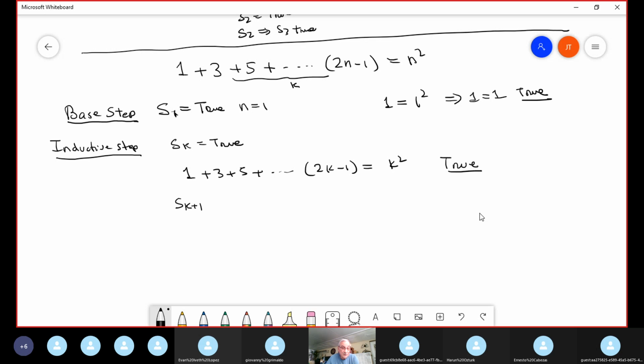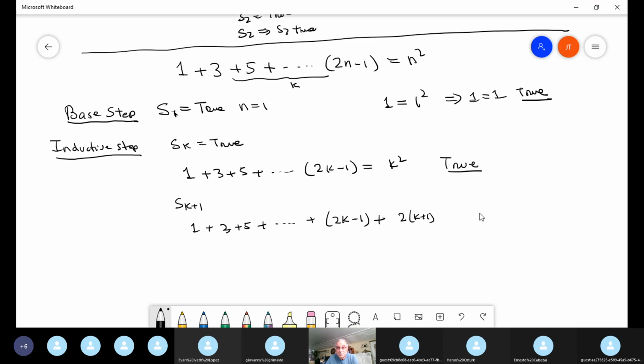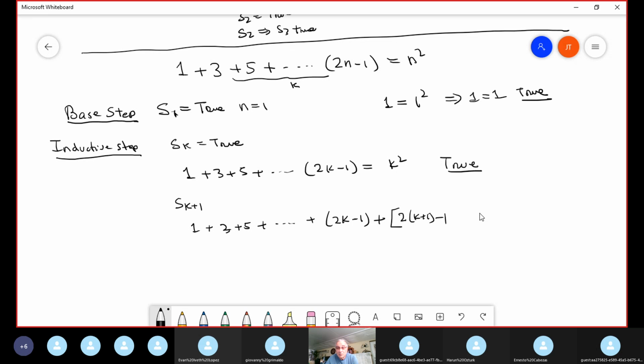Well, it's 1 plus 3 plus 5 plus up to 2k minus 1, exactly the same, plus the next. And the next is 2(k plus 1) minus 1. Okay, because the only thing I did was replace k plus 1 in the n to find the expression for the next.